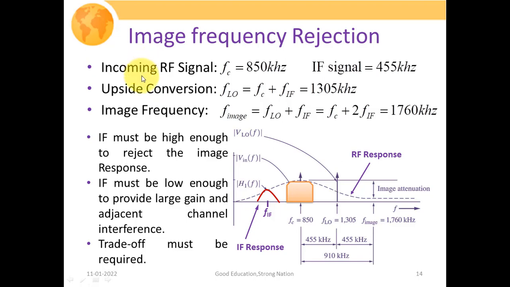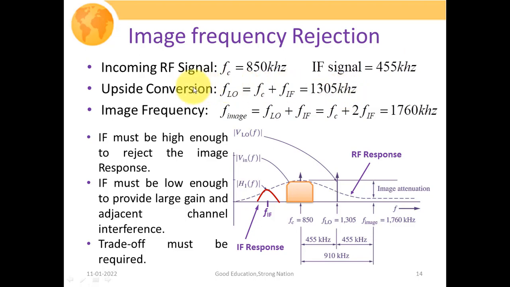Let us understand this image rejection with an example. Let us say the incoming RF signal FC is 850 kilohertz. This is the central carrier frequency, and the standard intermediate frequency is 455 kilohertz, for AM broadcast systems. For upside conversion, the local oscillator frequency FLO is FC plus IF, which equals 1305 kilohertz.